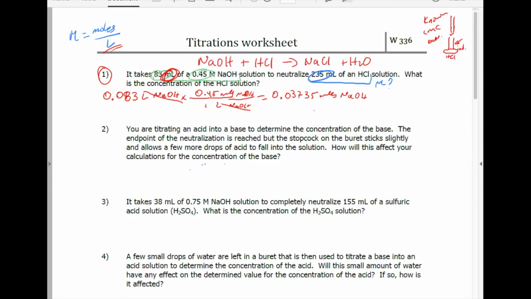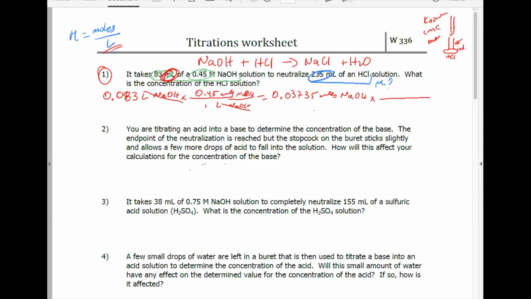I'm not done with the calculation, so I'm not rounding anything just yet. Now we have the number of moles of NaOH that reacted. That's what we know. This many moles of NaOH reacted, so we use stoichiometric ratios to see how many moles of HCl reacted.